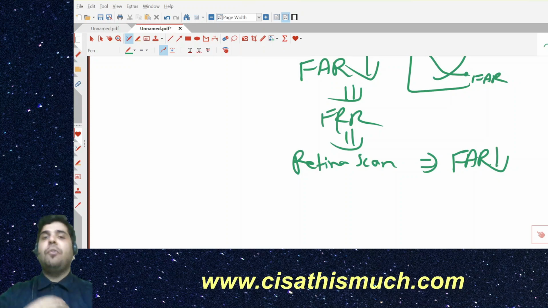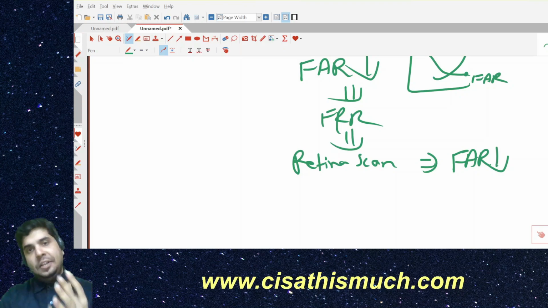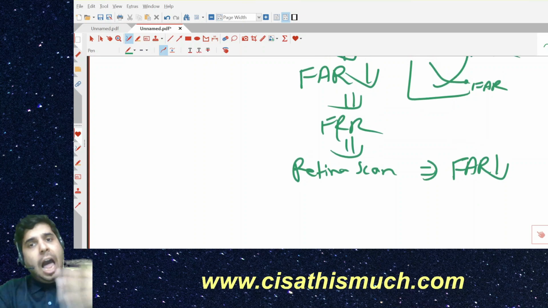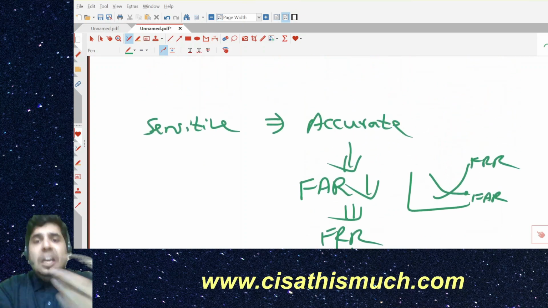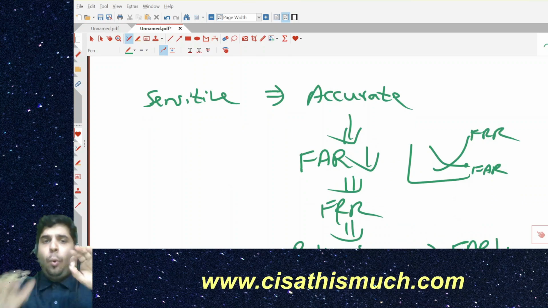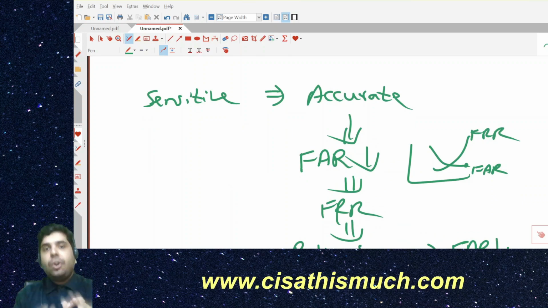There is a risk of reveal of their health conditions. That's the reason for least user acceptance. But retina scan has the least false acceptance rate. When I say least false acceptance rate, I'm indirectly telling you that something is very accurate or very sensitive.